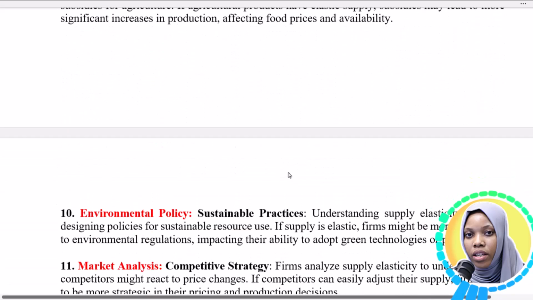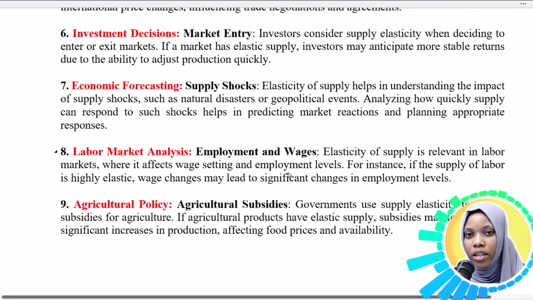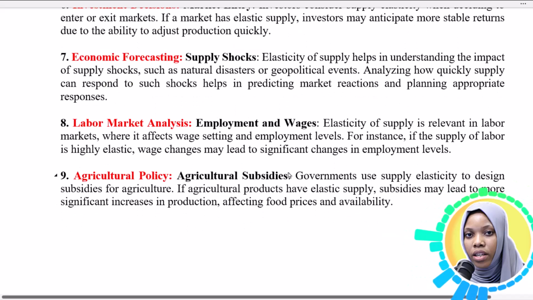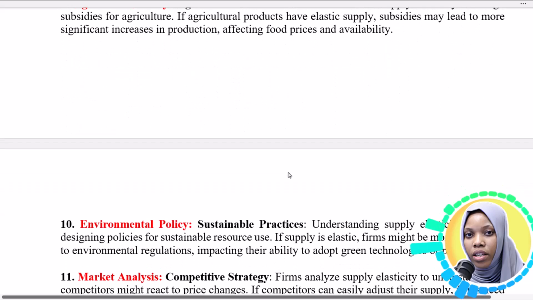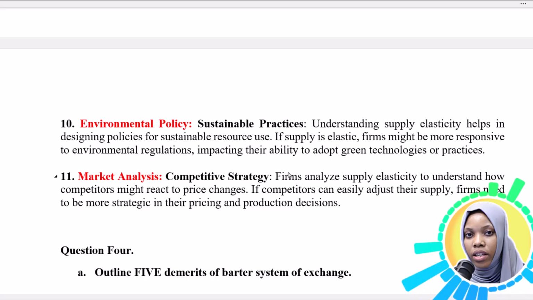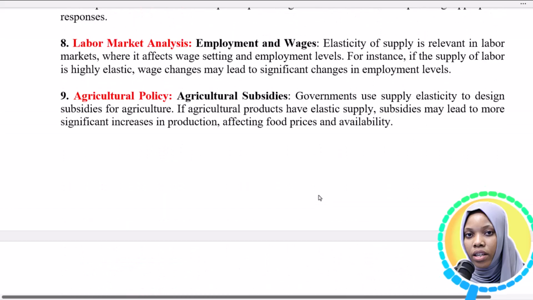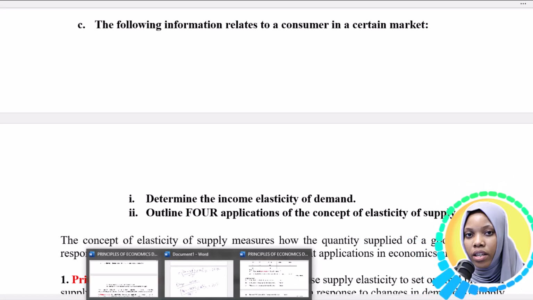Our other application is in the agricultural sector, and the government uses supply elasticity to design subsidies for agriculture. Another application that we came up with is the environmental policy. And finally, the market analysis, which states that firms analyze supply elasticity to understand how competitors might react to price changes. And I would like to end there because we are done with question number 3.